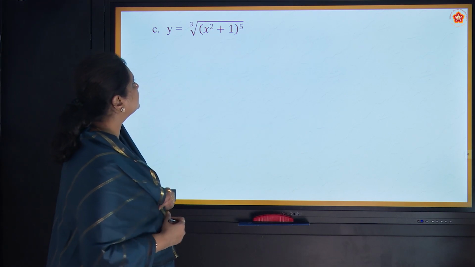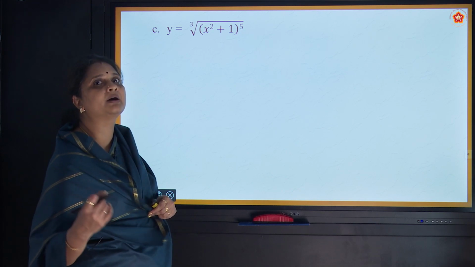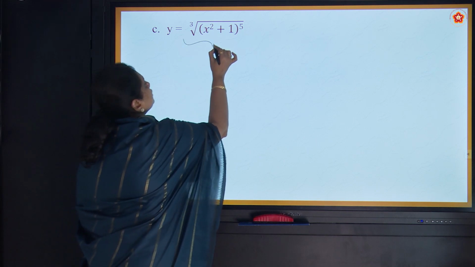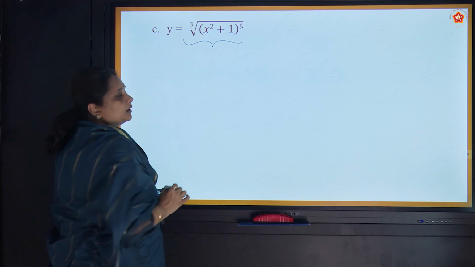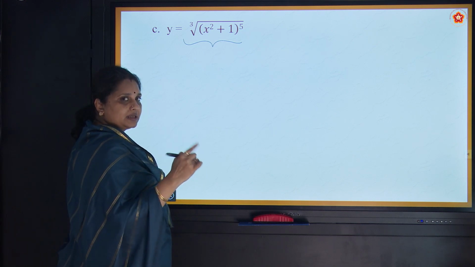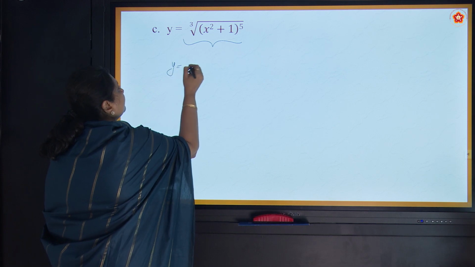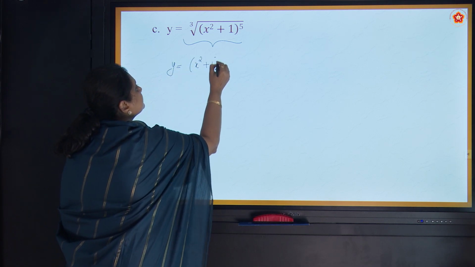The next question is y is equal to cube root of (x squared plus 1) the whole raised to the power 5. So again, I've always told you whenever there are surds, you can express it in the exponential form for you to have it convenient for differentiation.